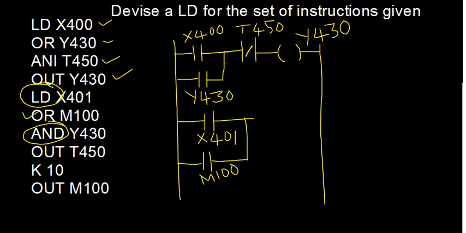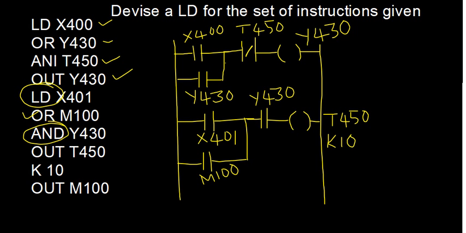So I have to have Y430 here, then it will give me one output. In this case it is the timer T450 with a K of 10, as you can see.